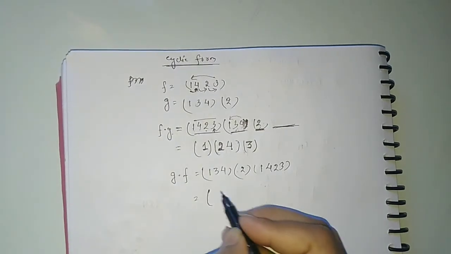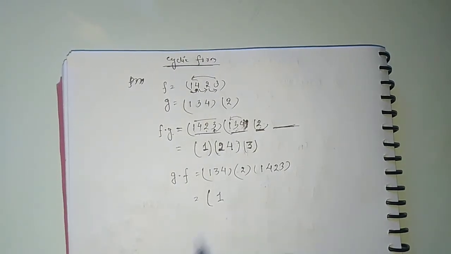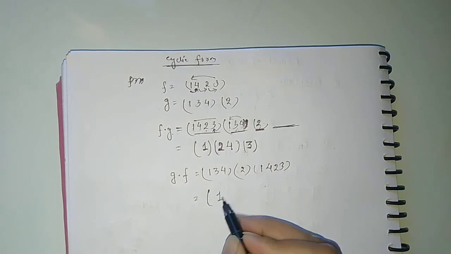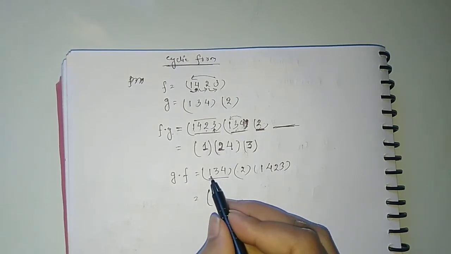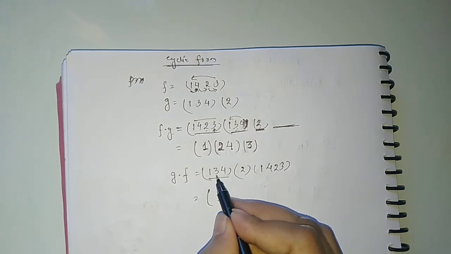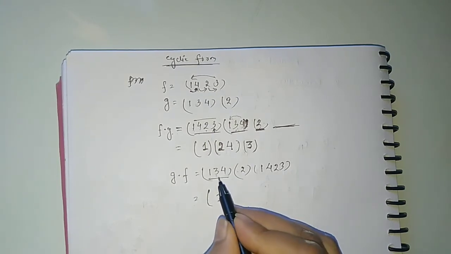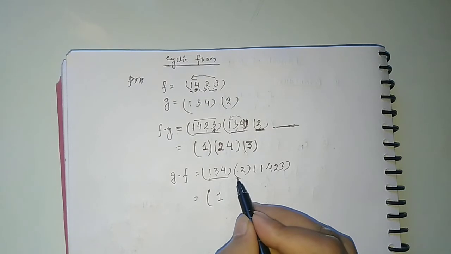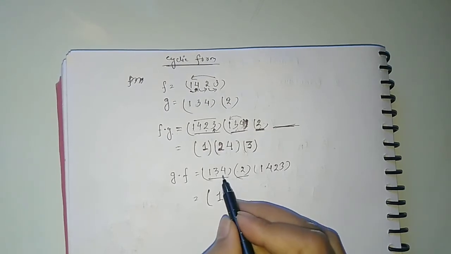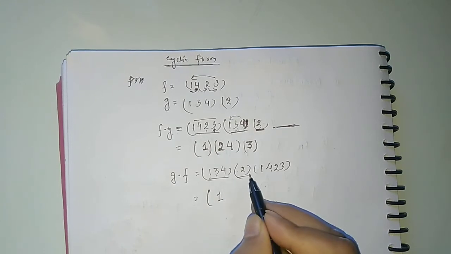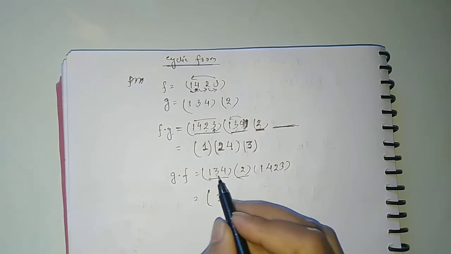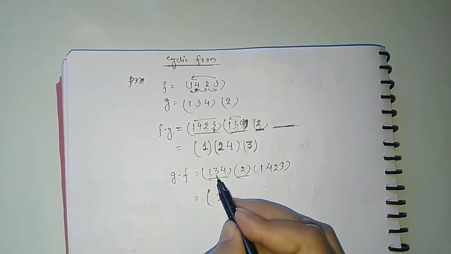Now again we write an element, say 1, then find image of 1 from the first cycle. Image of 1 is 3. Now taking this image 3, go to the next cycle. We do not have to check image of 3 in the first cycle again. We have to jump to the next cycle. So image of 1 is 3.